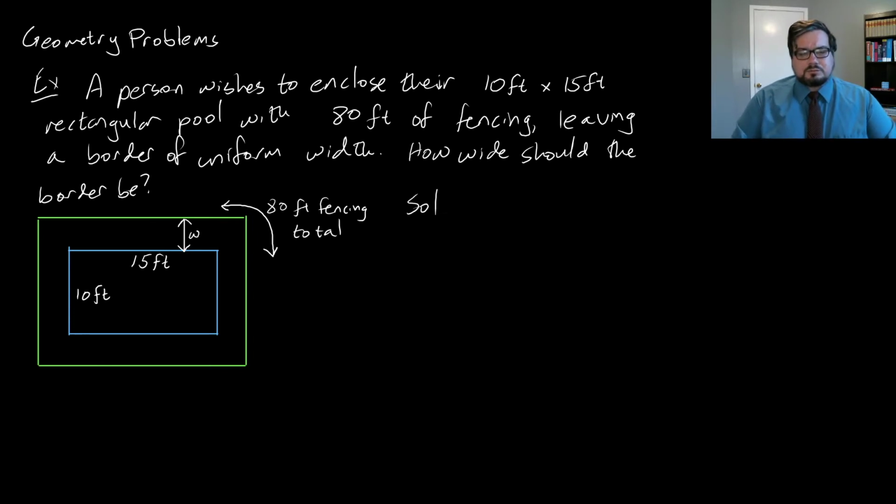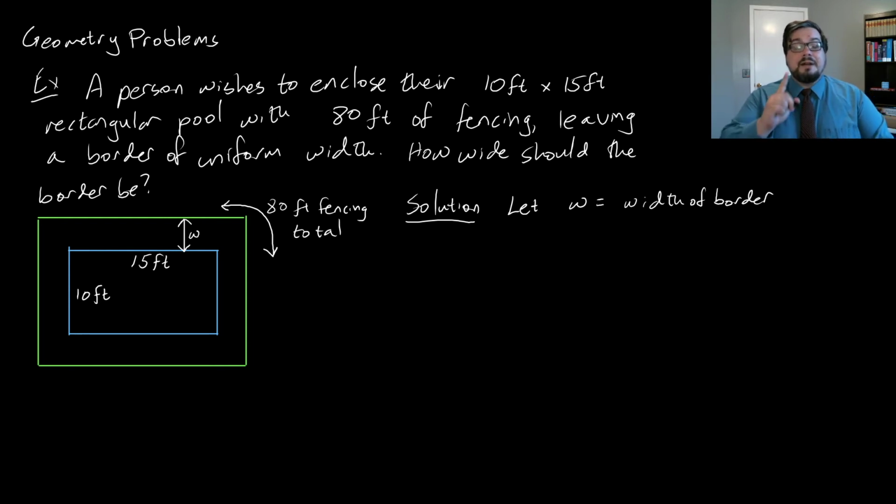So, to start my solution, I want to let W equal the width of the border. And here's something very important. I have to specify what units I'm using. W is a variable, which means it represents just a number.